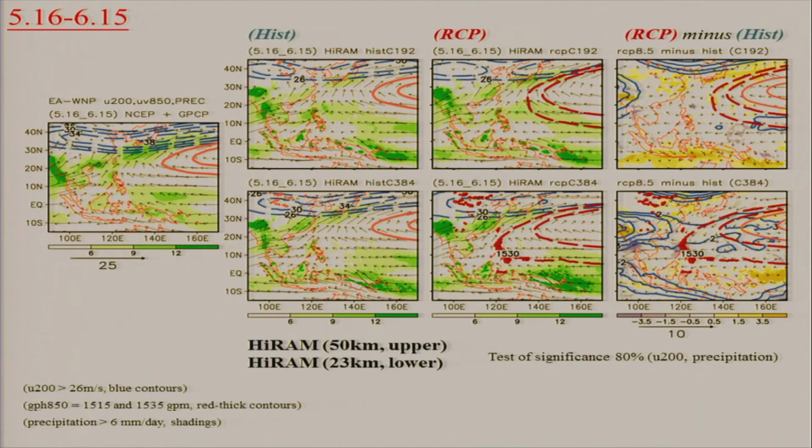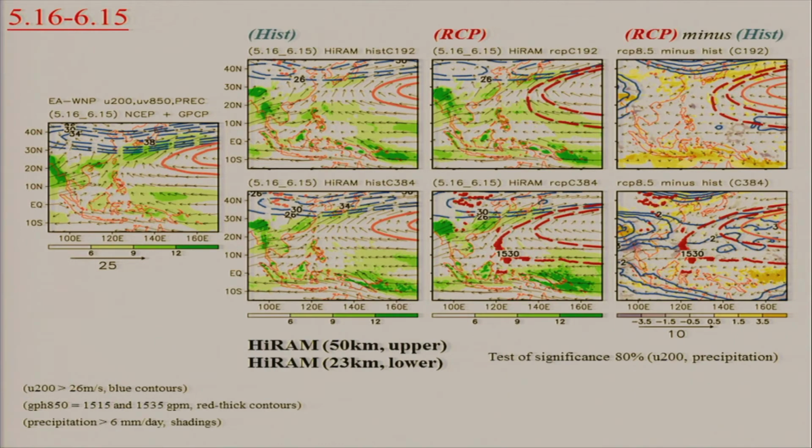And for detail of the circulation feature, this is the early summer, and this is the historical run, and the RCP minus historical run. The upper panel shows you the HiRAM 50 kilometer, and the lower panel shows you the 20 kilometer. So generally, higher resolution has better performance.